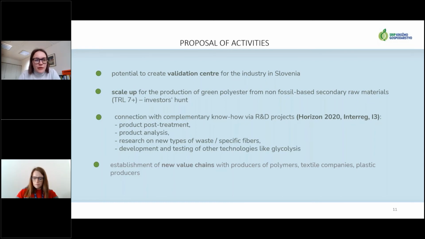In addition, we would like to scale up the production of green polyester. So we are looking for investors in this respect. We would like to connect with complementary know-how institutions via R&D projects.